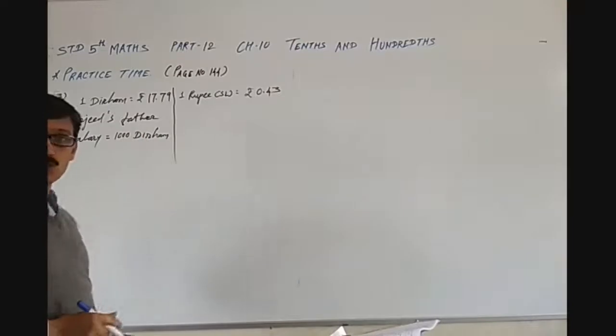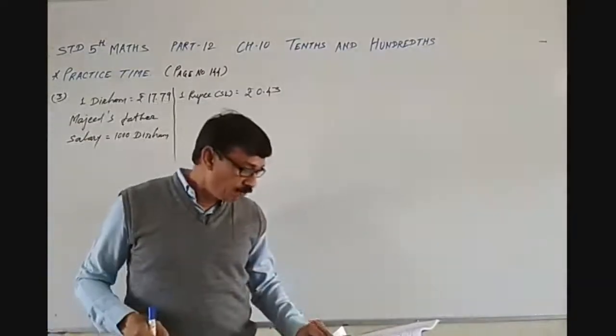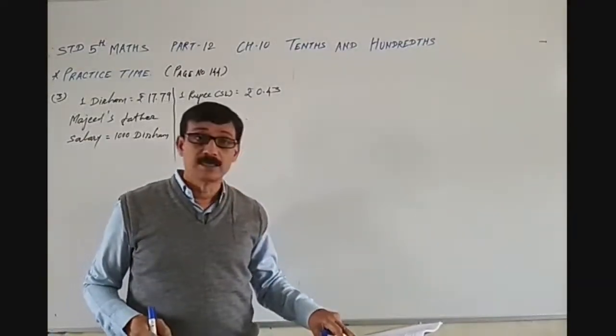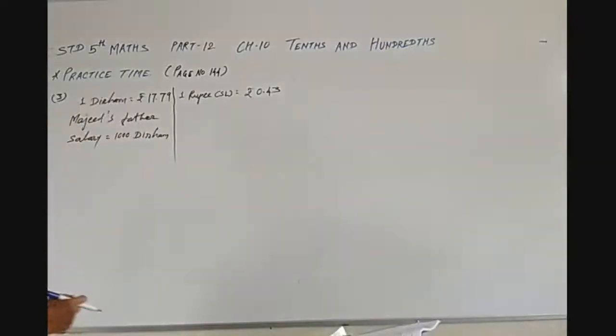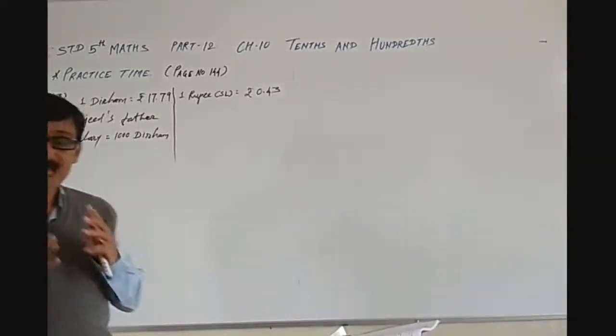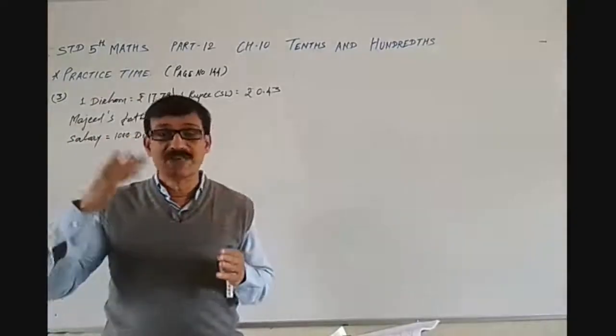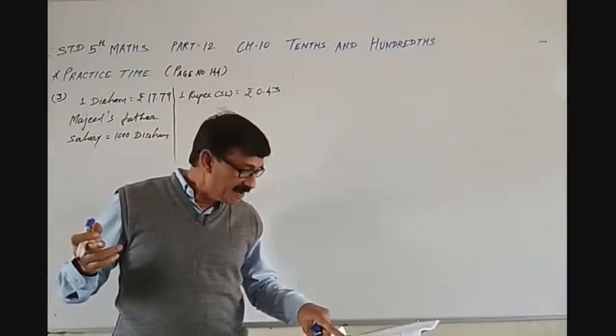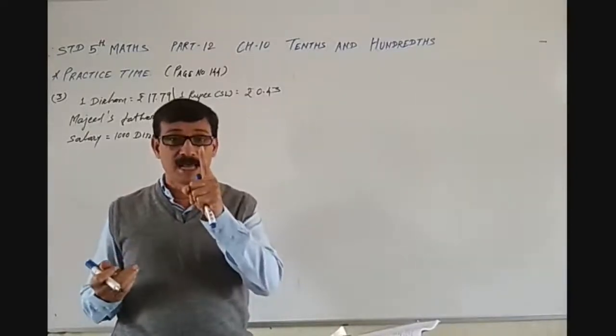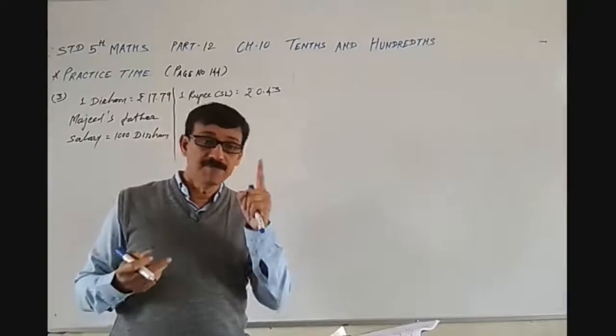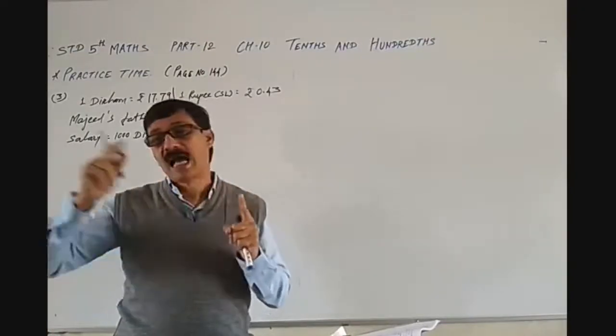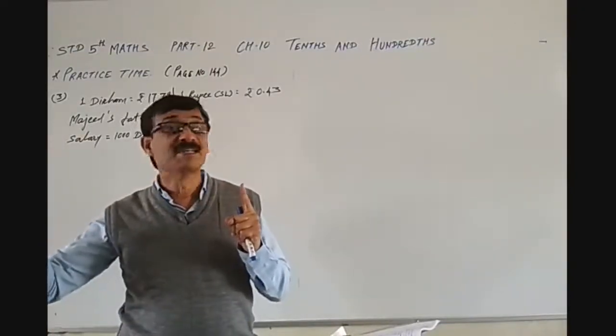Now what should we do? We have to convert it to Indian rupee, isn't it? So 1000 dirham. And I have just told you that if I give 17 rupee and 79 paisa, then they will give me 1 dirham. So if 1 dirham is there, I will get 17 rupee and 79 paisa.